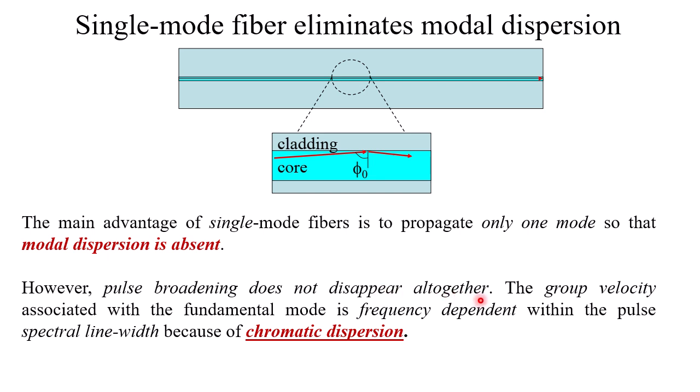For single mode fiber, the group velocity associated with the fundamental mode is frequency dependent within the pulse spectral line width because of chromatic dispersion. So though the multimode or modal dispersion is absent inside the single mode fiber, chromatic dispersion will be there. Another kind of dispersion mechanism controls the total overall dispersion inside the single mode fiber.